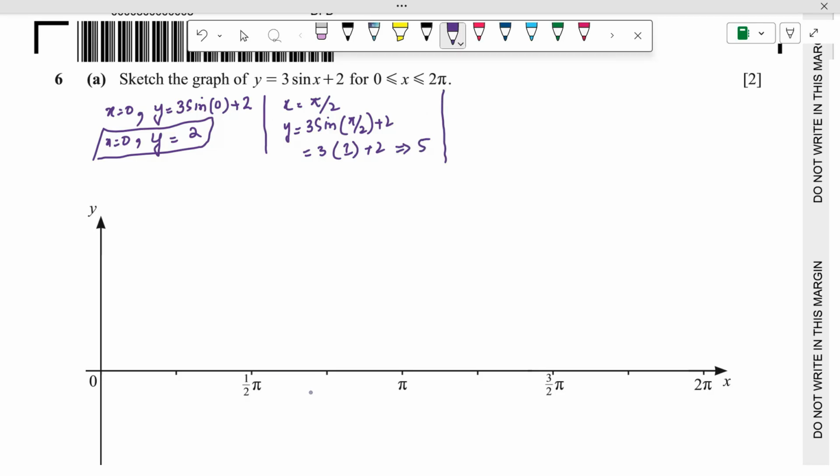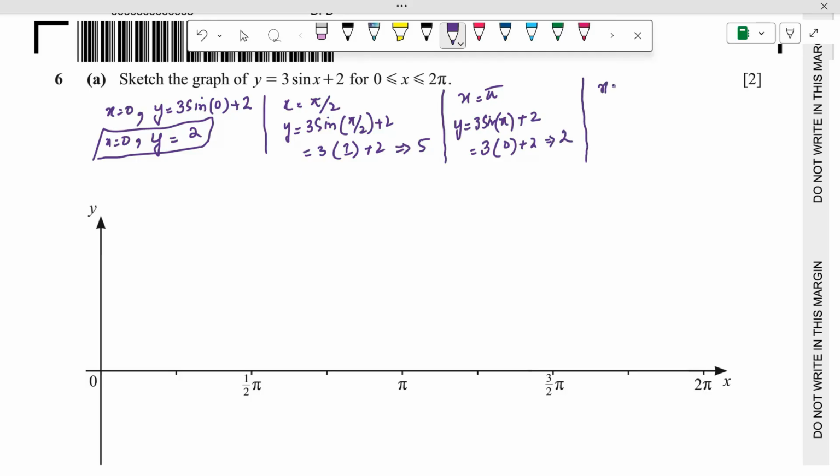When x is equal to pi, y is equal to 3 sine of pi plus 2, which is 3 times 0 plus 2, which is equal to 2.